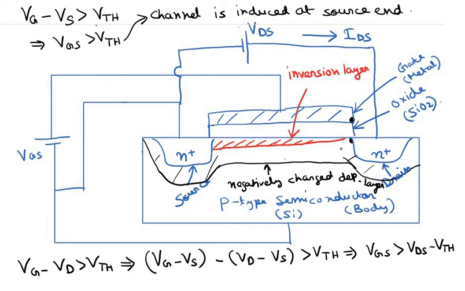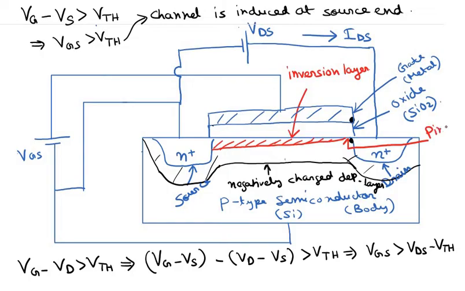This condition is basically known as pinch off. Okay, the condition under which at the extreme right end or at the drain end there is no channel or there is no inversion there, this condition is known as pinch off, and this region is basically known as the pinched off region.